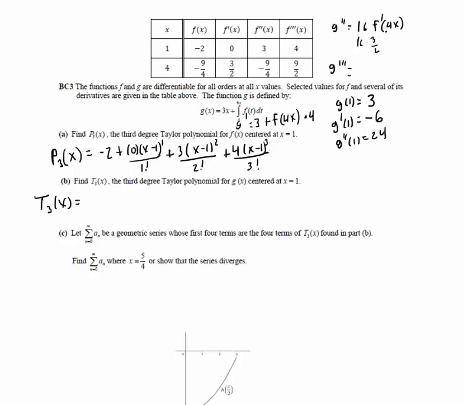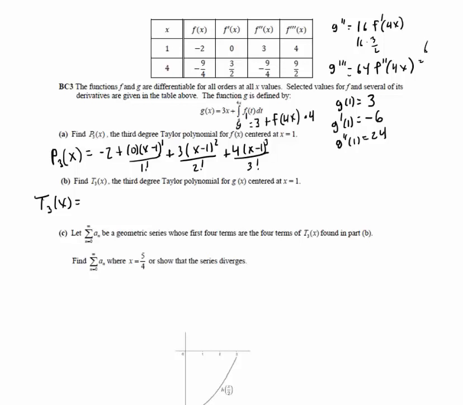Okay. So the derivative of this, again, is going to be the 16 will stay there. If I do the chain rule, that'll be times 4, which will give me 64 f double prime 4x. I did that kind of quick, but hopefully you can do that. And then plug in 1, you get 4. So f double prime at 4 is equal to negative 9/4.